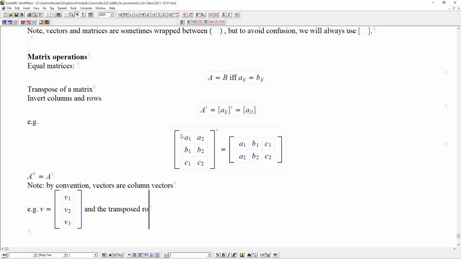row vector is denoted v prime. Equals what dimensions? One by three, yes. So I get v1, v2, v3.